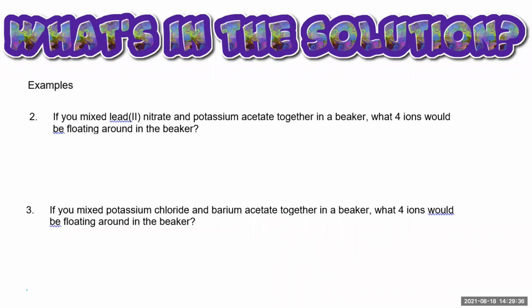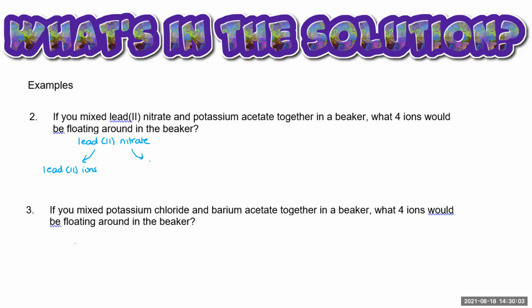What about if you mixed lead 2 nitrate and potassium acetate together in a beaker? What four ions would be floating around? Let's look at lead 2 nitrate. Which ions make up lead 2 nitrate? Well, the positive ion is lead 2 ions.